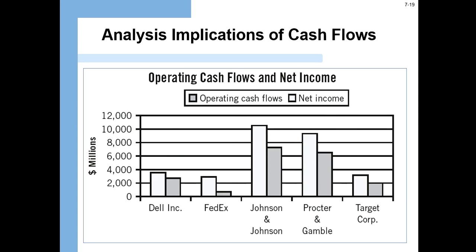So, implications of the cash flow analysis: in these given examples, operating cash flows are always less than net income. That could have been because of the limitations of cash flow statements.